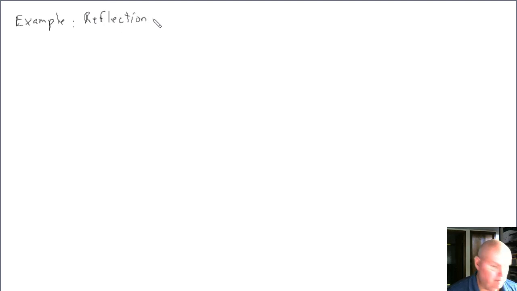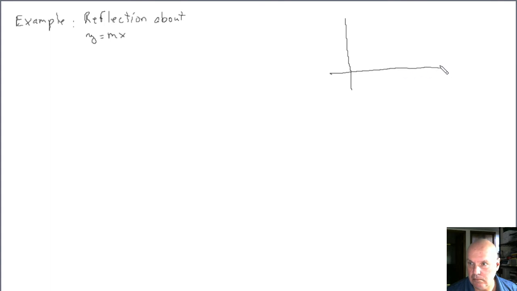So let's talk about reflection about the line y equals mx. Okay, so what that would look like, and we'll look at this in 2 dimensions. So we have, this is the line y equals mx, so it has slope m.